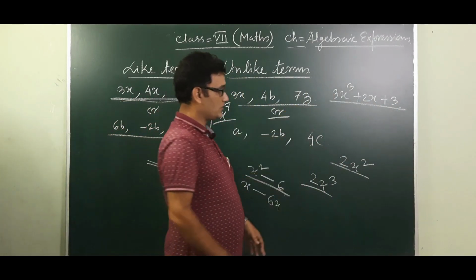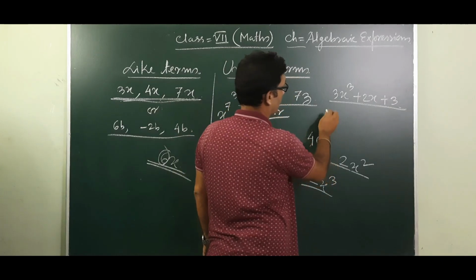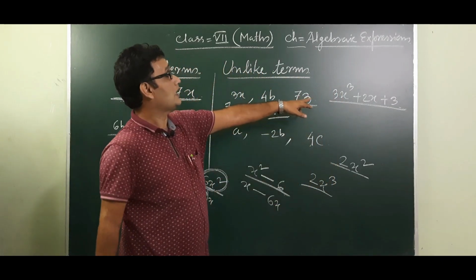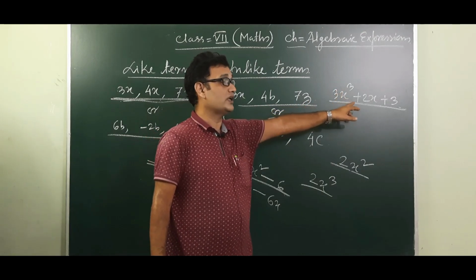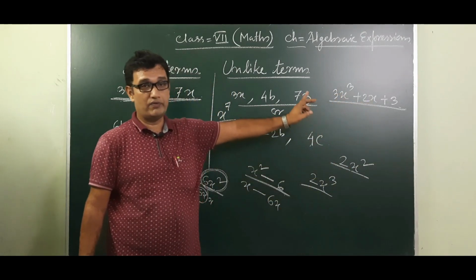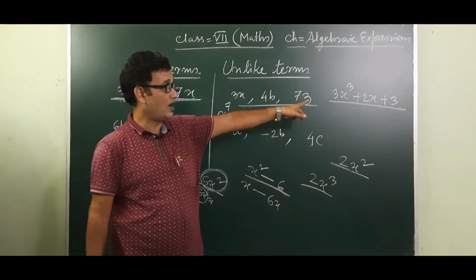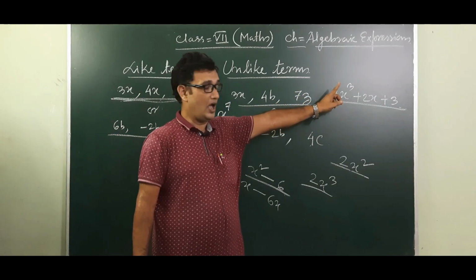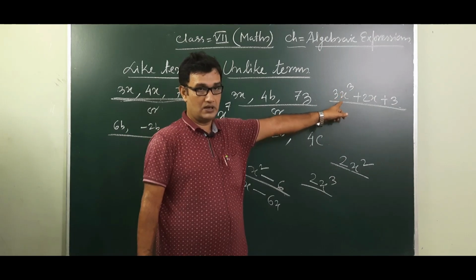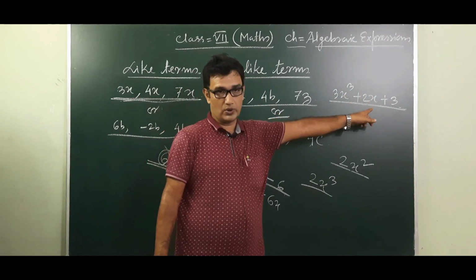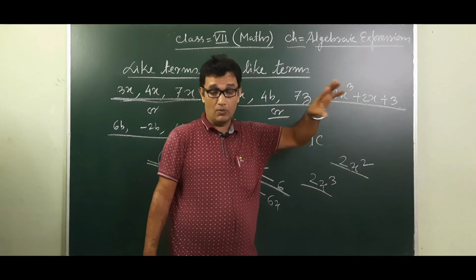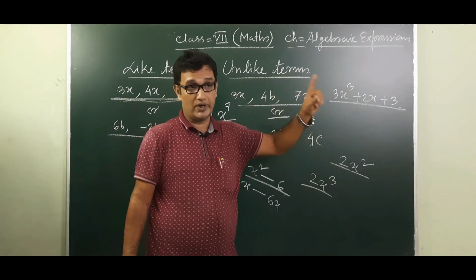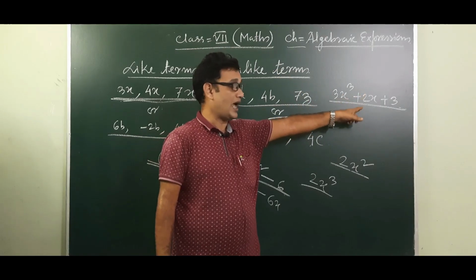In that algebraic expression, first you have to see how many variables are there. Here only one variable, and that variable is x. Here also x, here also x. The variable is x only.